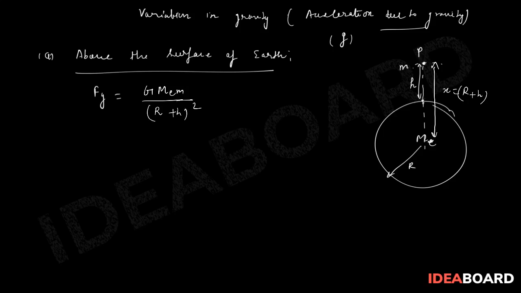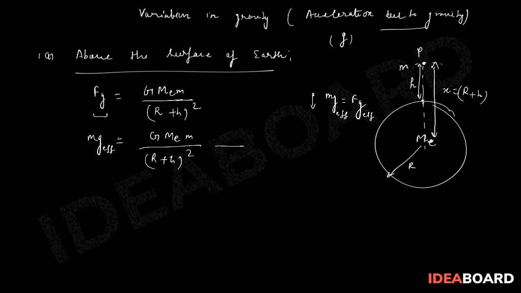And we know that if there is a mass m, then there will be force mg, which will be equal to F gravitation. So I can assume this is mg effective at this moment. So mg effective is equal to G Me m upon R plus h whole square. Say this is equation number 1.